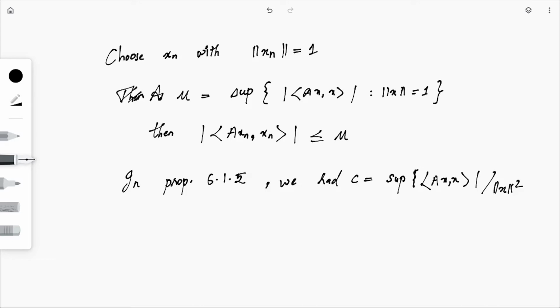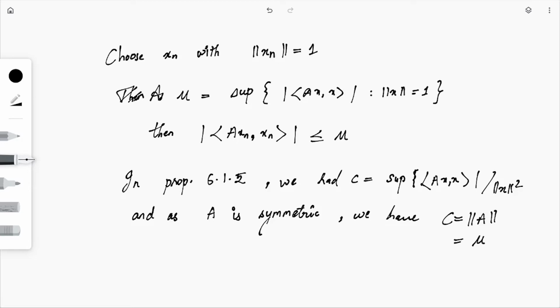In that proposition C was of this form, and as A is symmetric, here we are considering a symmetric operator, we have C equal to norm of A. And by definition, norm of A was nothing but mu. That is how we had defined it in the theorem.